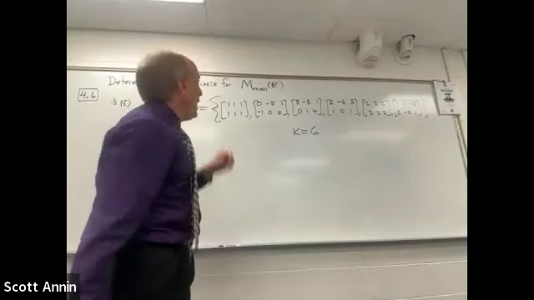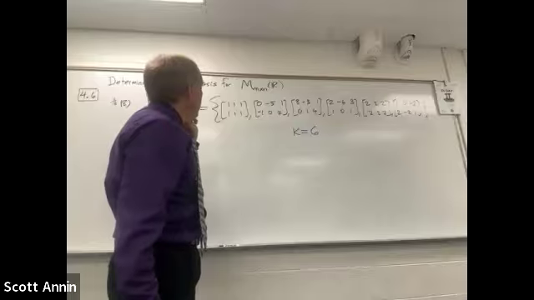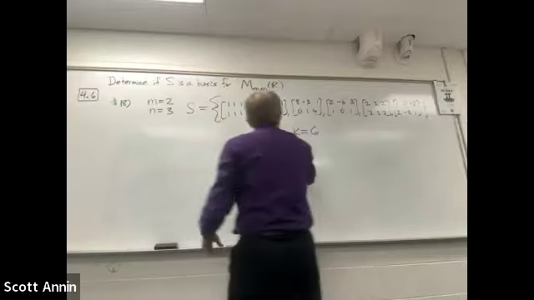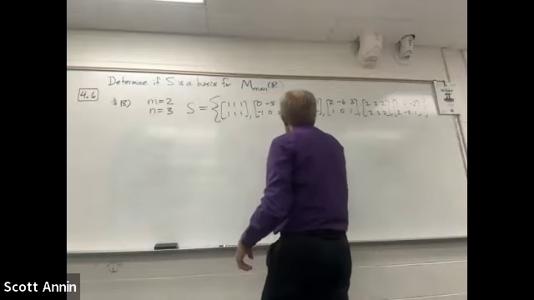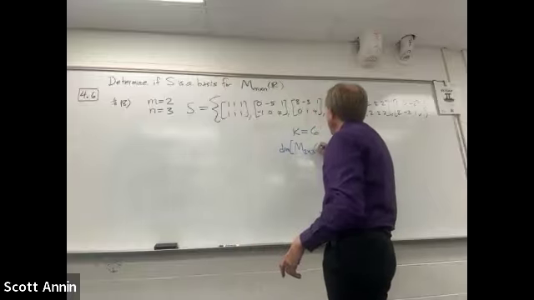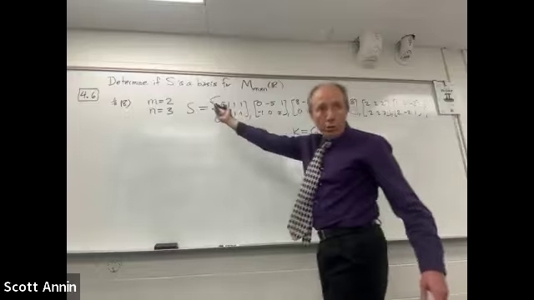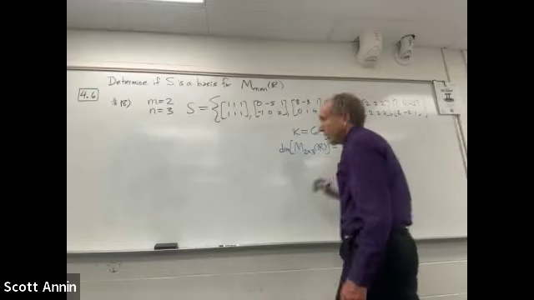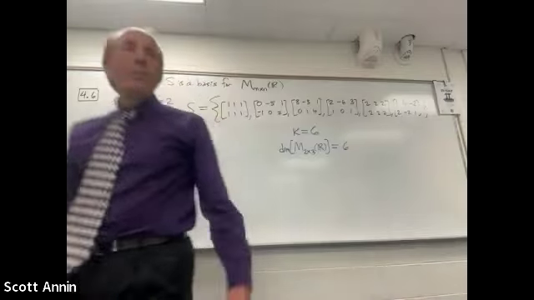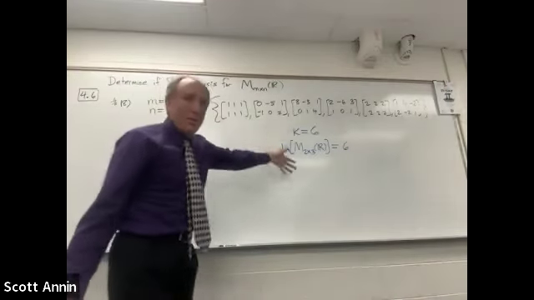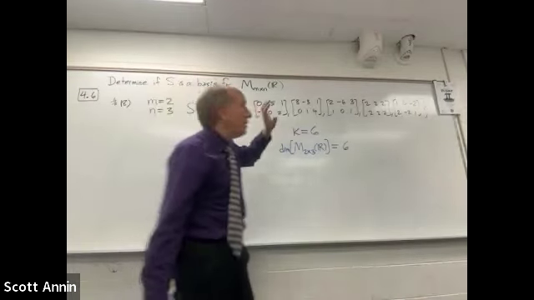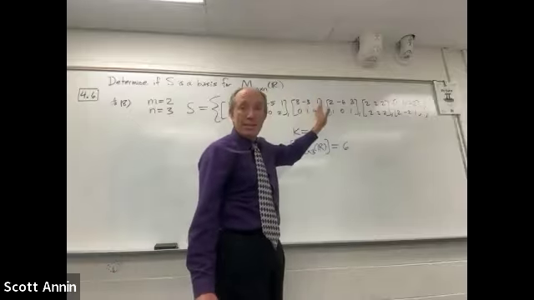All right? And the dimension of your universe here, the dimension of the 2 by 3 matrices, well, that's 2 times 3, which is also 6. So on this problem, the numbers match, which means they might be a basis.